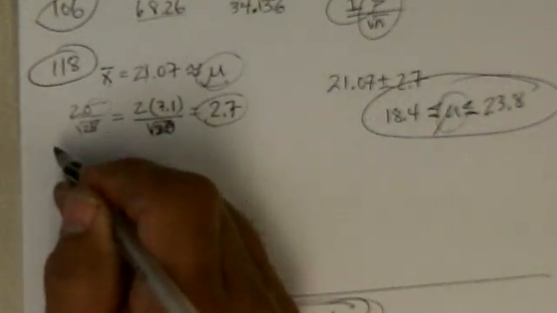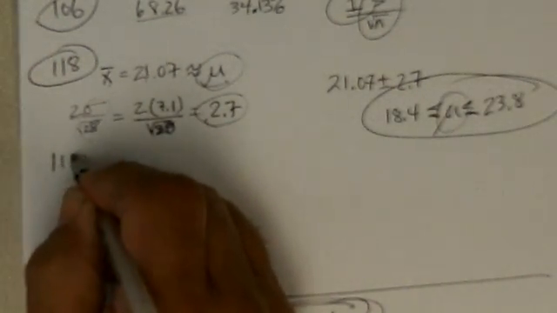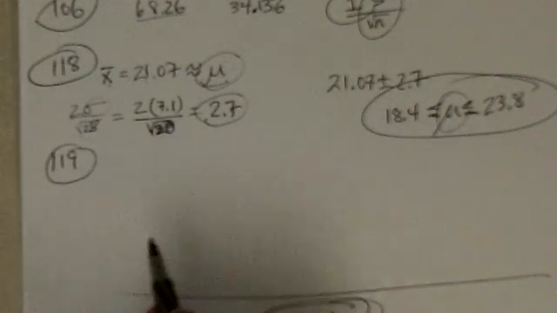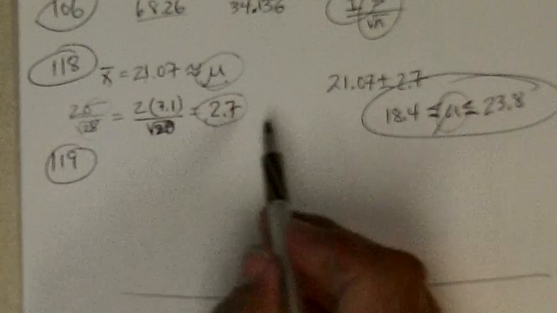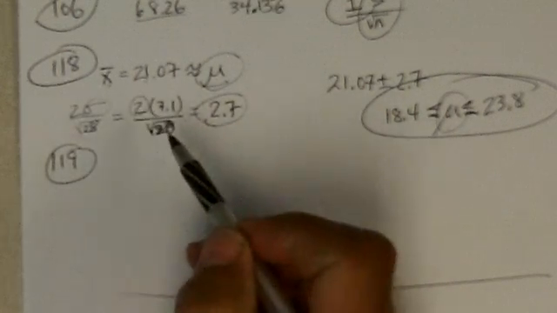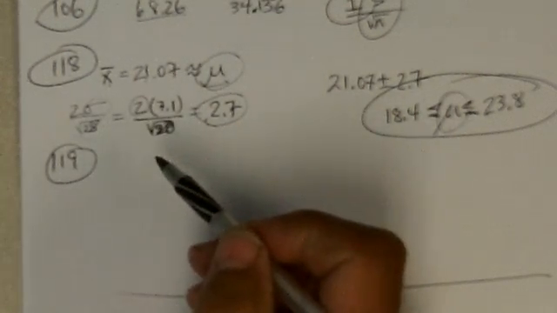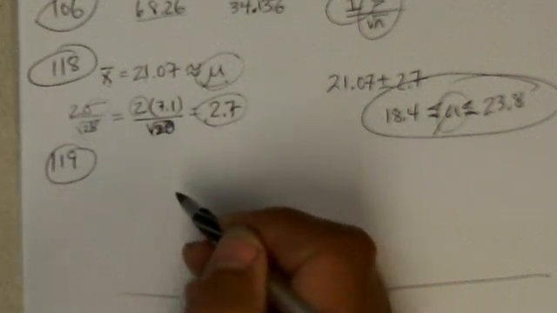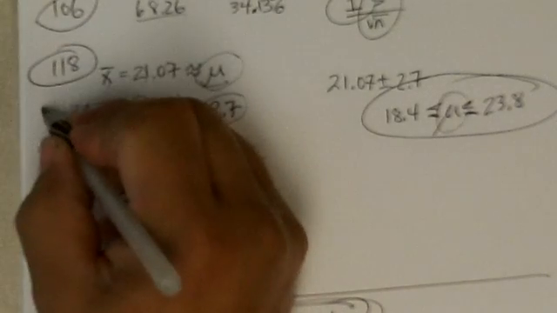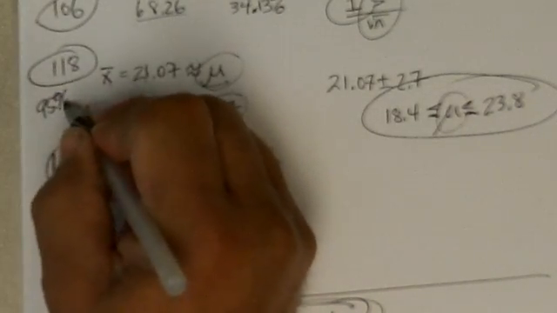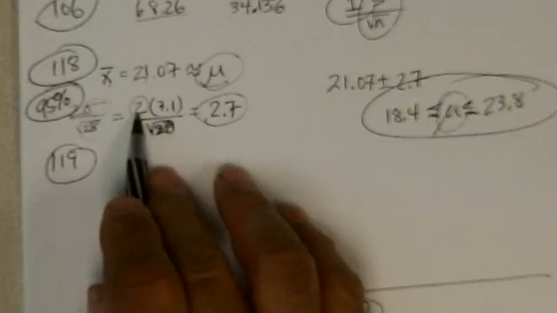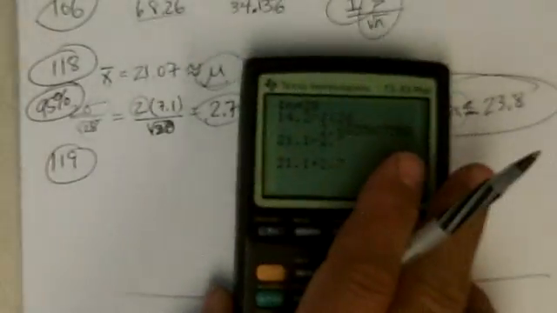Okay, next one was 119. Set a 90% confidence interval. So we would do exactly the same, except for 90 we would use, it says in the book here, 1.645, and also on the sheet I gave you. So for this was a 95% confidence interval. So we do everything the same, except now instead of 2 we'd use 1.645.